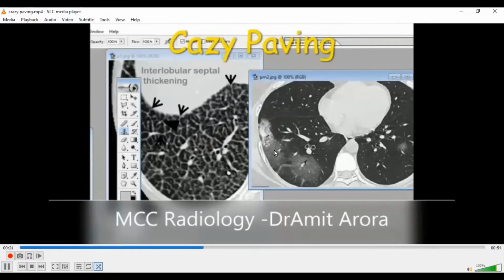What I am trying to convey with this video is that if these two patterns get superimposed, they give a pattern of crazy paving. So crazy paving is nothing but the combination of interlobular septal thickening and GGO. It is not very clear here due to some technical problem, but you can understand.